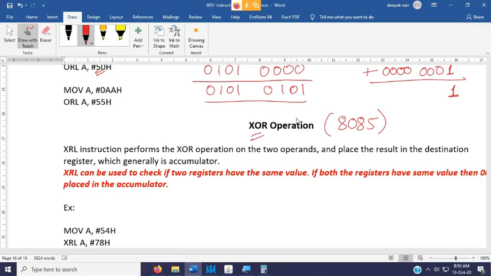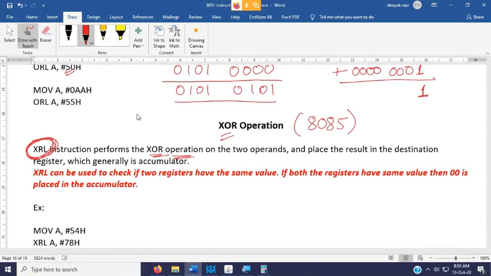There is no command for NANDing or NORing a certain number, but the designers came up with the XOR command. So definitely the XOR command has some very important features. For that you have to use the XRL instruction, to perform the XOR operation.